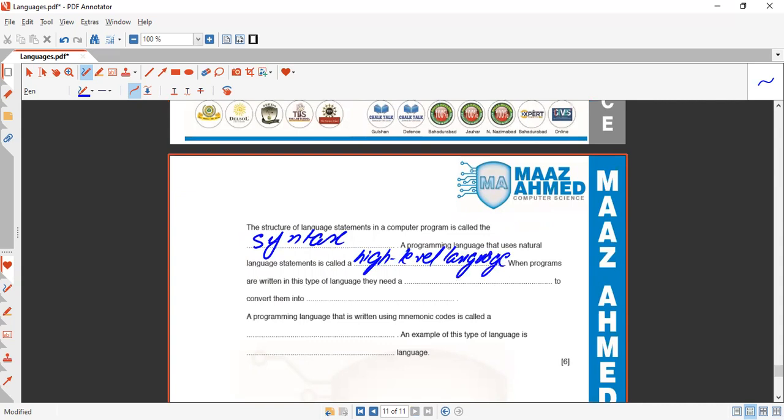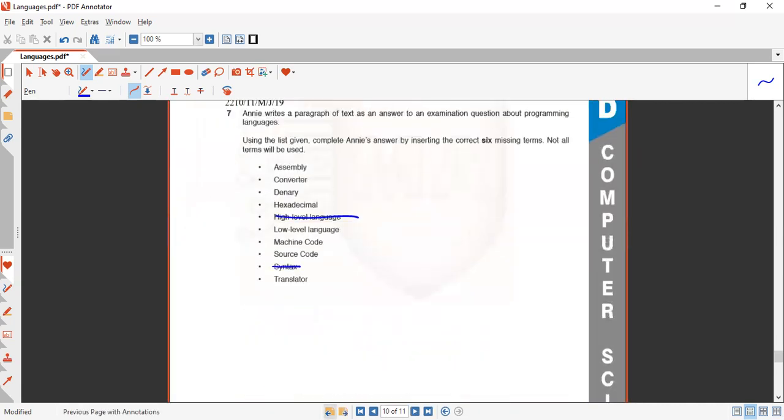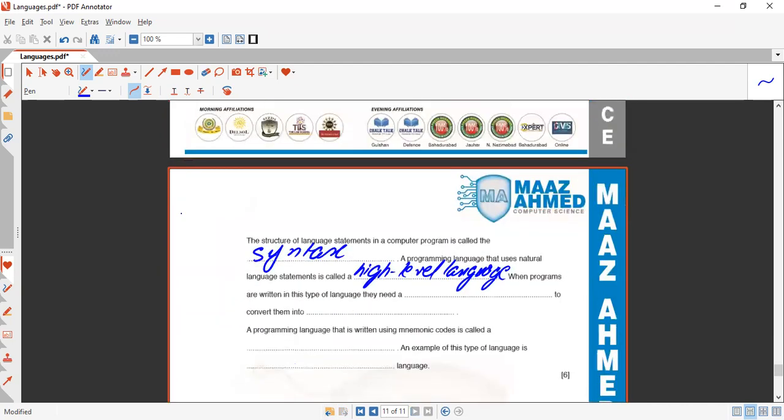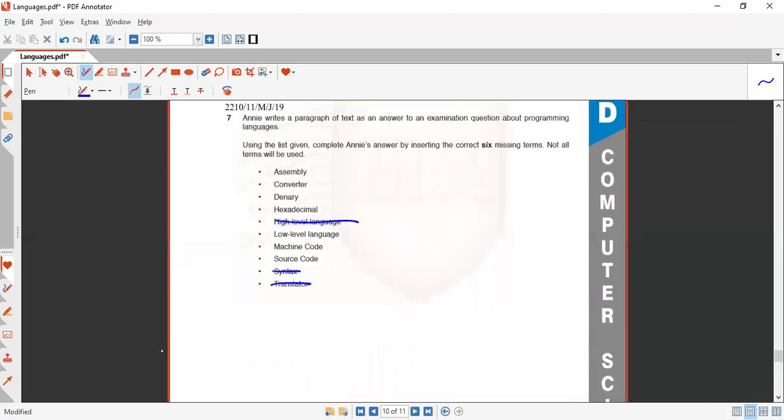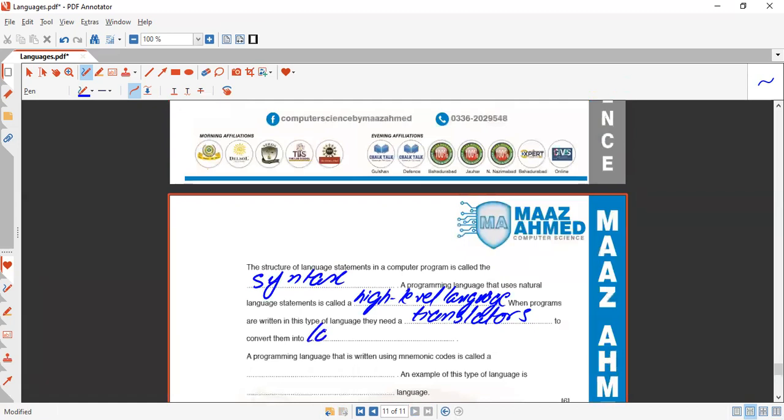When programs are written in this type of language, they need translators to convert them into low level language.